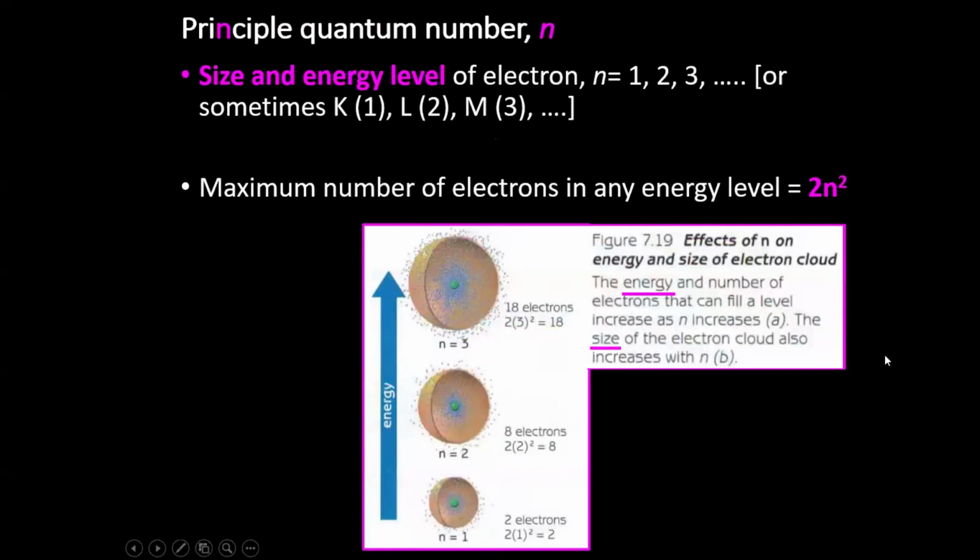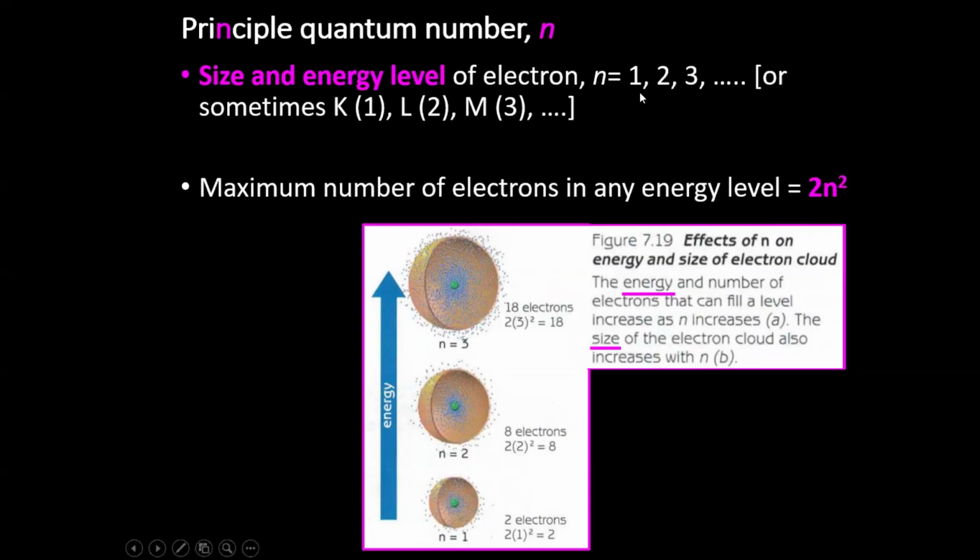The first one, principal quantum number. The letter that is its symbol is an N, which is obviously not the first letter, but there is an N in principal. N simply refers to a whole number. The bigger the number is, the bigger the size, the level where the energy level that contains the electron is, and the higher energy level it is.